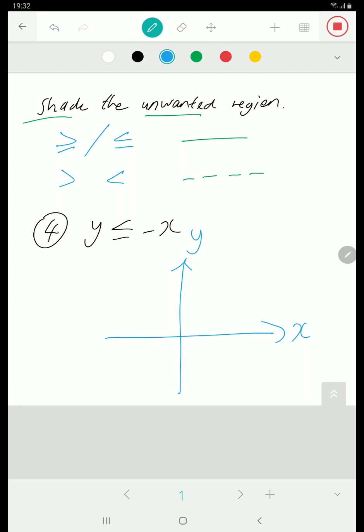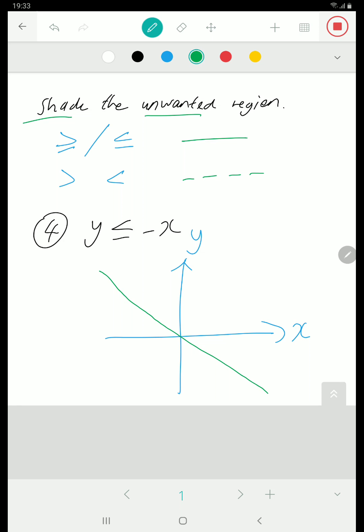So we can see here, this is y. The equation of the line should be y equal negative x. Negative x means gradient negative. So we are supposed to draw a line in the middle directly. Sorry, not dotted line. Draw a straight line because that's the equal sign. So I draw a straight line here, exactly in the middle.